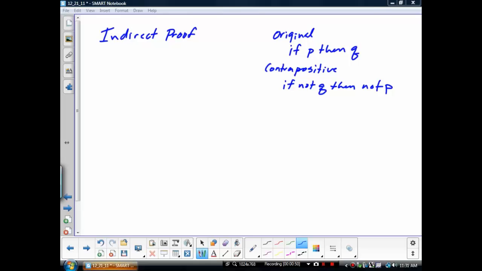Same thing, if you can prove the contrapositive true, then that means the original will be true. So these are called logically equivalent.